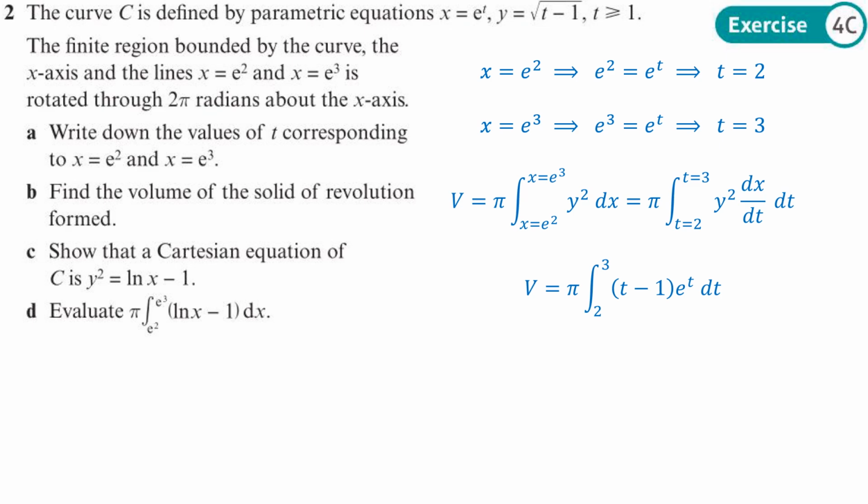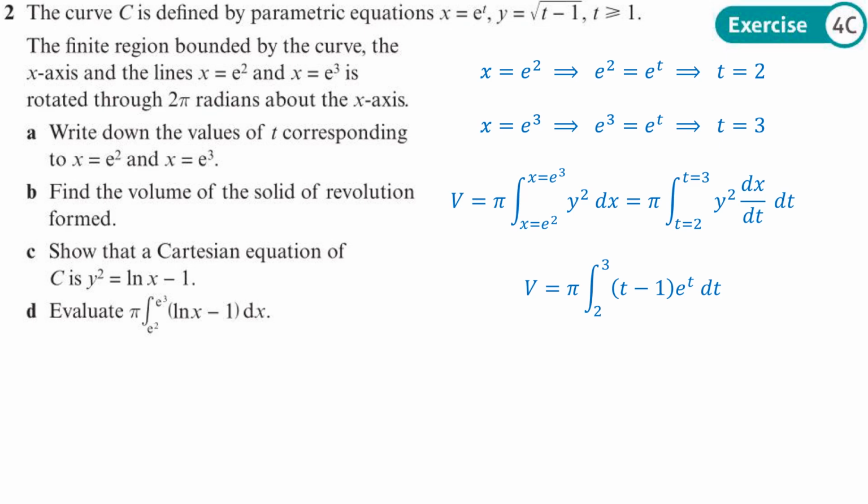A good way to look ahead into the future of a method like parts is just to ask yourself, would it be beneficial if I could replace the product of these two functions with the product of the derivative of one of them and the integral of the other one? So in a sense, you're making one of the two terms in the product more complicated, but the trade-off allows you to make the other one less complicated.